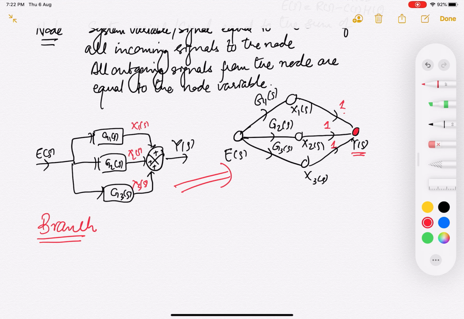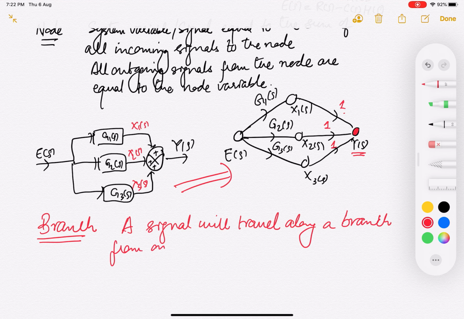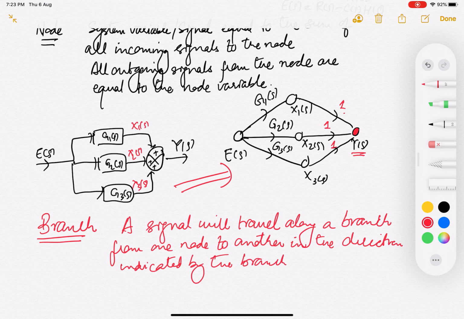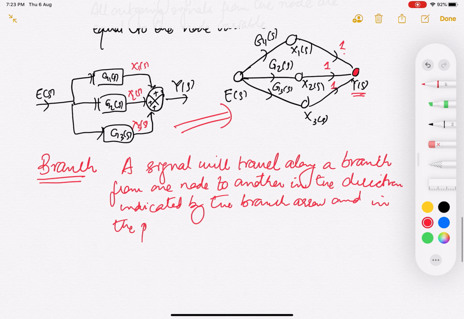A signal traverses along a branch from one node to another in the direction indicated by the branch arrow, and in the process it gets multiplied by the gain of the branch.